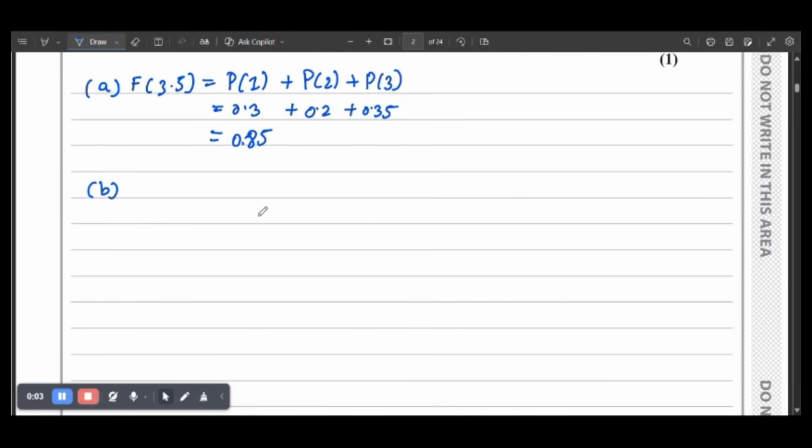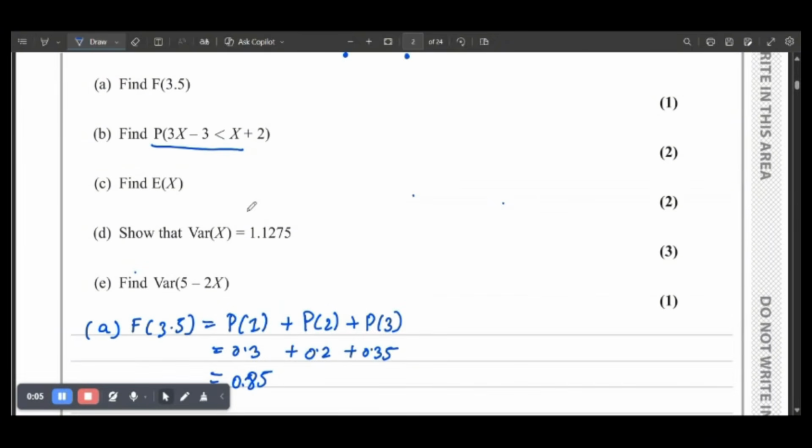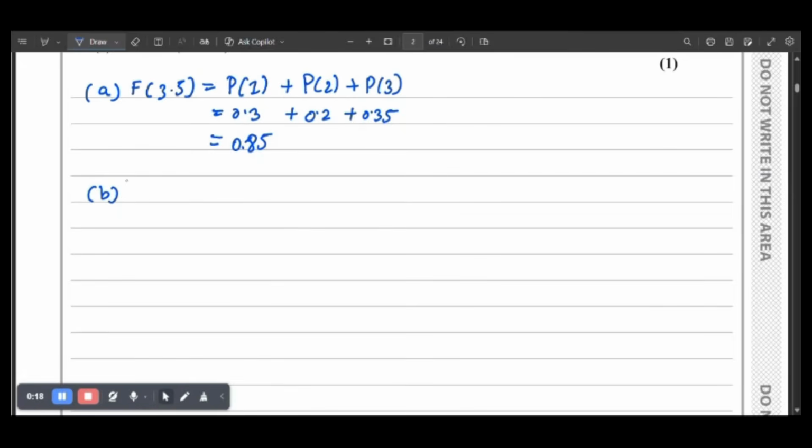For part B, we have to find the probability that this inequality is true. At first we will solve the inequality to find the range of values of x for which this probability is true. So let us first solve the inequality.